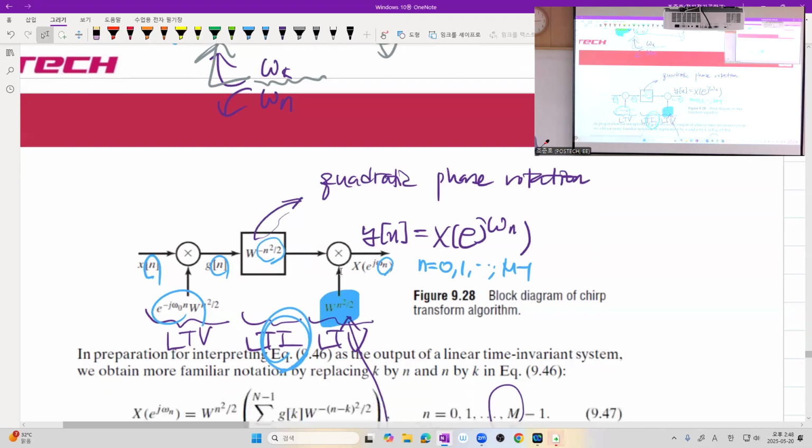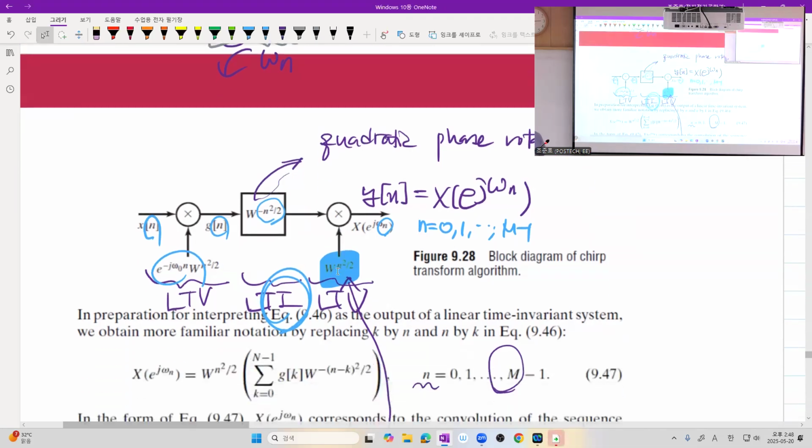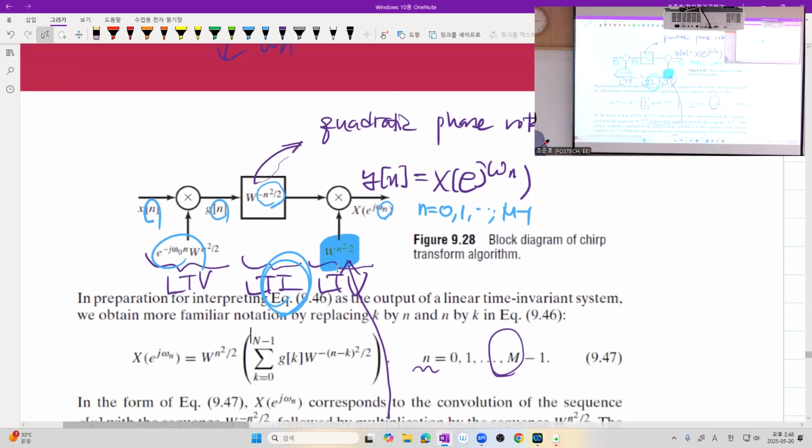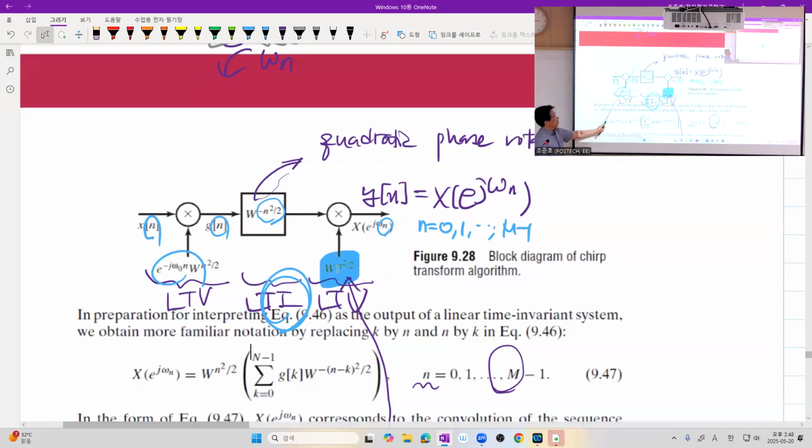And here our textbook and the Wikipedia page diverge. The authors say that we have successfully transformed our chirp transform to a linear system.